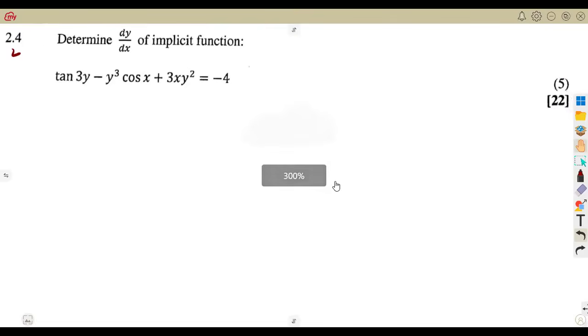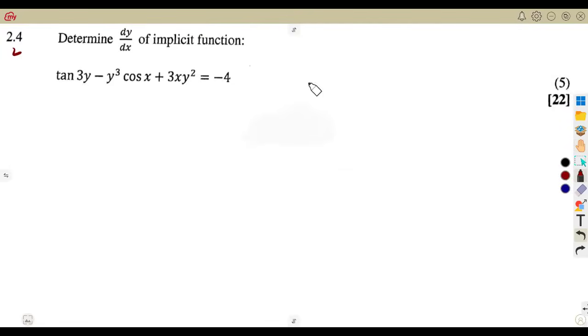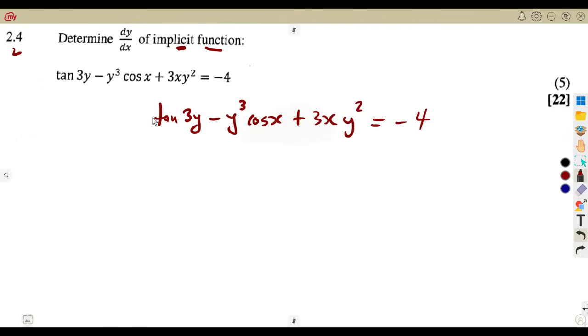On 2.4, I need the marks. All right, that was 5 marks. 2.4, determine dy dx of the implicit function. There we are given tan of 3y minus y cubed cos of x plus 3x y squared is equal to minus 4.